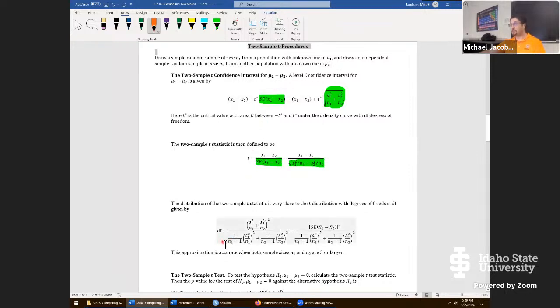So the procedure we're using that uses this degrees of freedom is the two-sample test that does not assume equal variance.